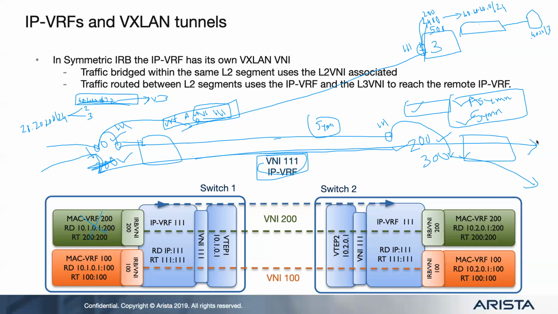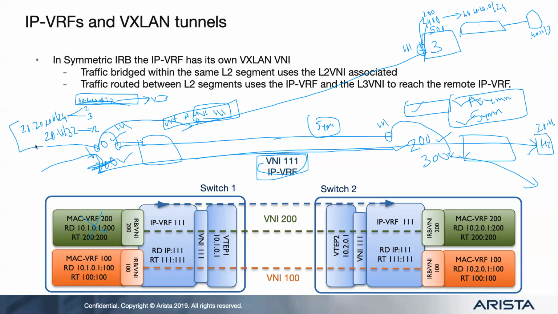But you are also learning the host route /32. Let's say you want to communicate with a host in VLAN 200, which is 20.20.20.11. You will learn 20.20.20.11/32 only through VTEP 2.